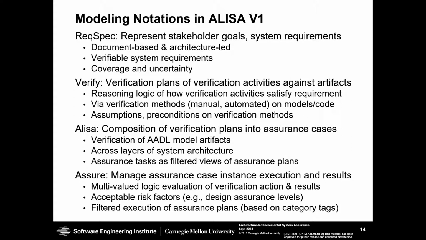But more interestingly, when we specify system requirements, those you tend to want to specify in the context of an architecture model because you want to identify elements of the architecture. With the system requirements, make them concrete enough that they become verifiable, and we have support for characterizing uncertainty and allowing you to specify coverage.